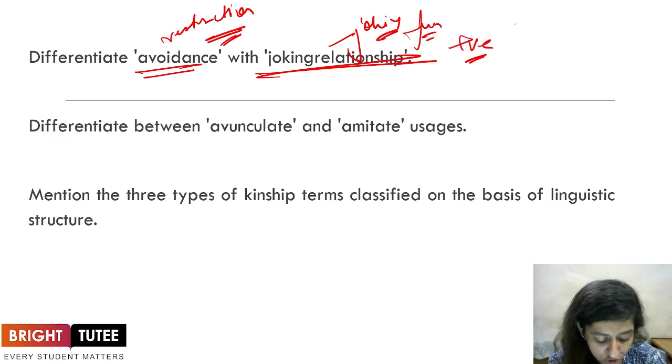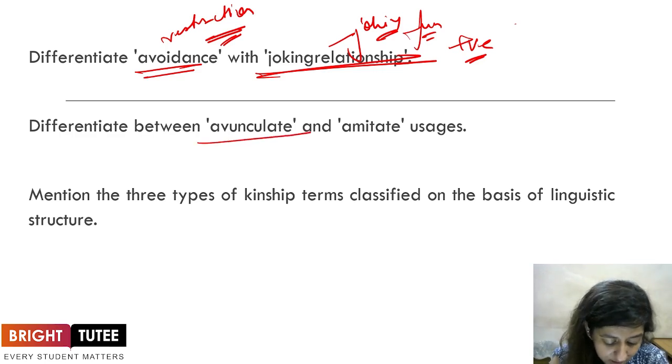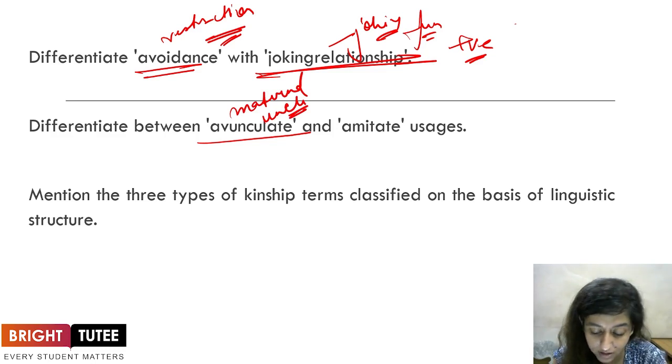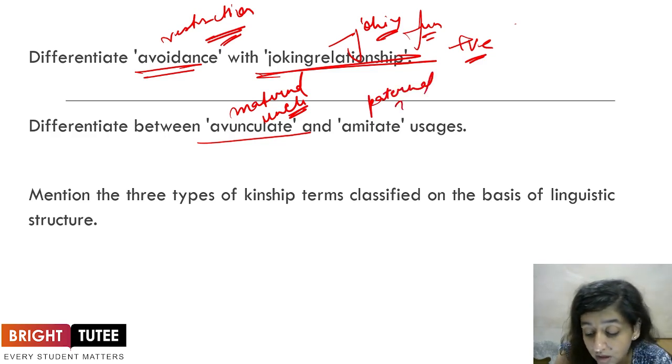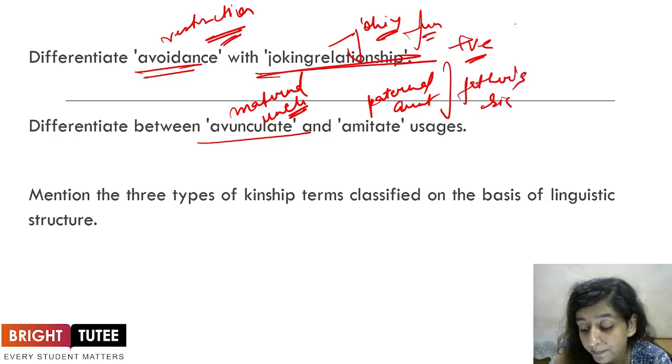Differentiate between avunculate and amitate. Avunculate is a kind of behavior which gives the maternal uncle a top place, even compared to the father. This is something we have discussed. Whereas amitate is when the paternal aunt, the father's sister, is given a position above the mother.